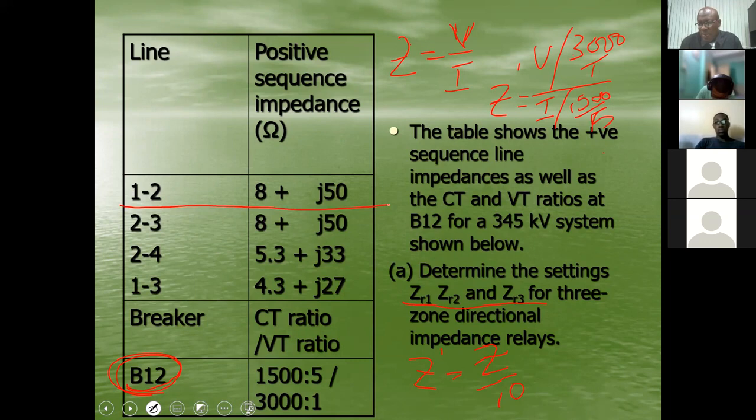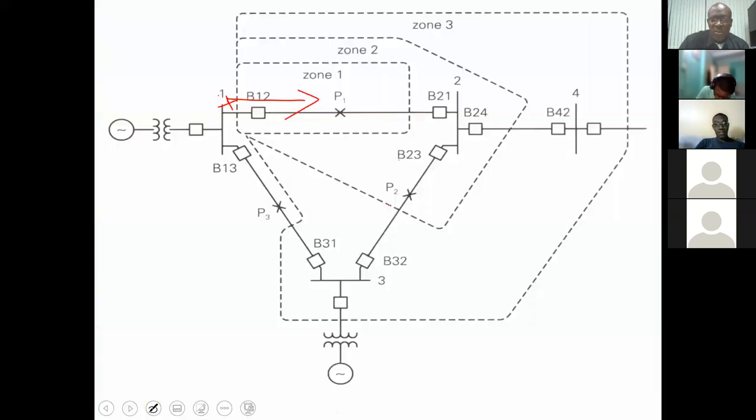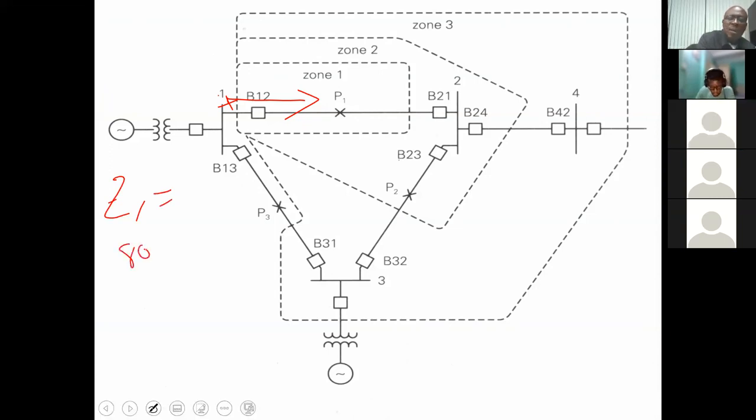All right? So for the zone 1 setting, I'm just going to go to the other page. As I said, I didn't have any, because normally I would have given this as an assignment. So the zone 1 setting is going to be 80% of Z12.